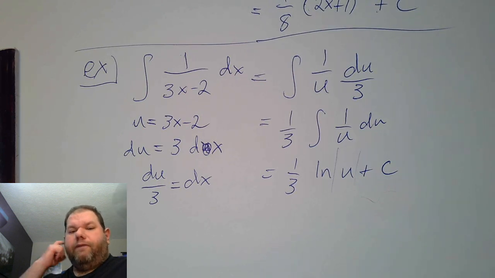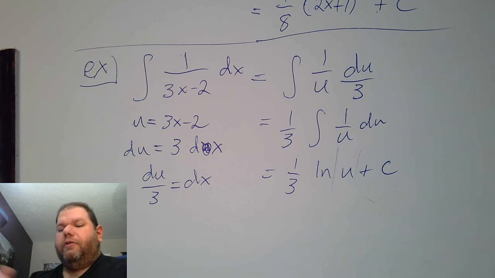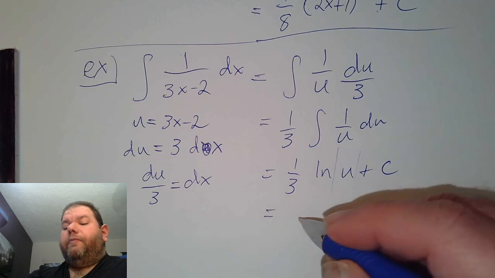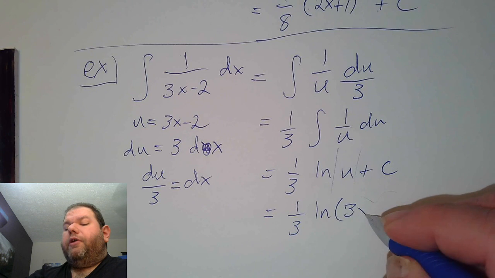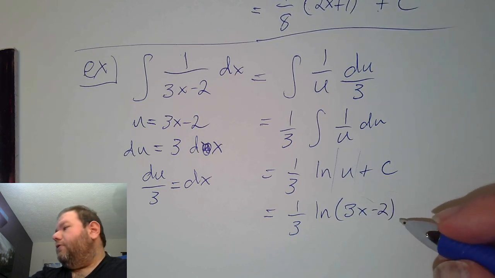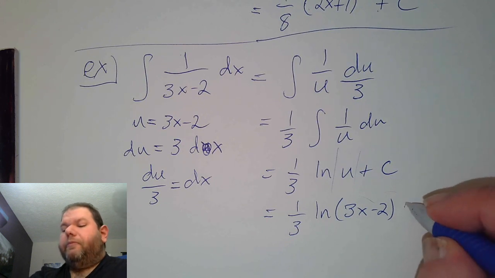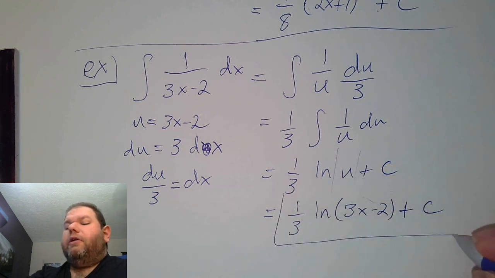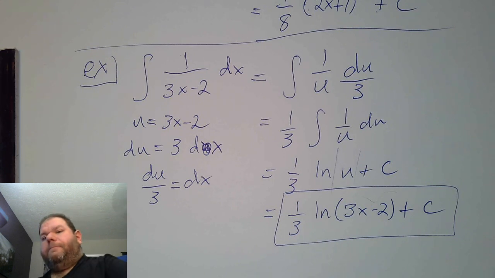I'm not going to strictly enforce that, but that's probably something you would see in a very specific format. But yes, we'll say 1/3 natural log of 3x minus 2 once we replace the u. And that would be our answer then.